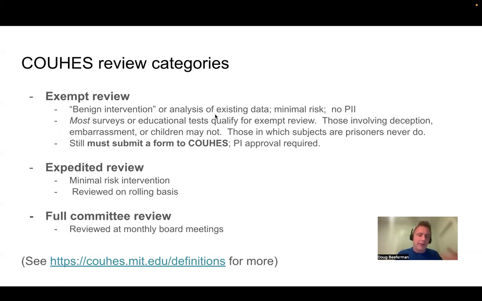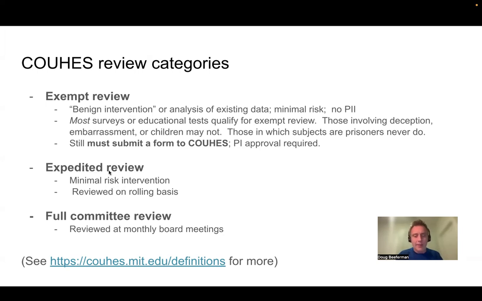Exempt review, basically you submit a form, your PI approves it, and then you're good to go. Surveys that involve deception or embarrassment or surveys that involve children may not fall under this category. And then certain categories, like if you're studying prisoners, never fall under this category.